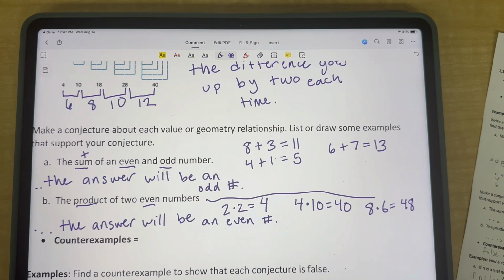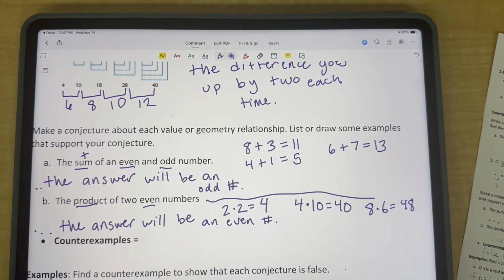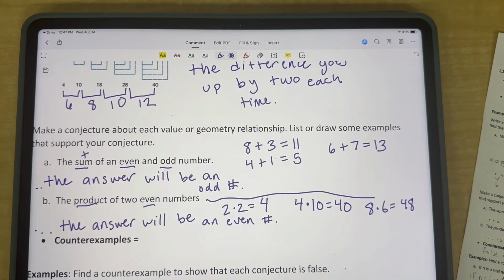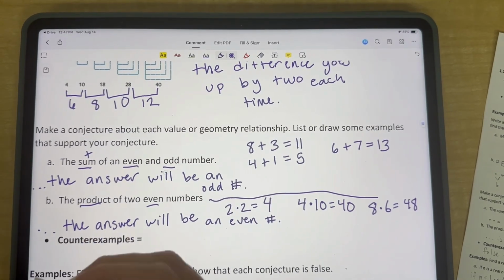All right, counterexamples. What do you think a counterexample is? Okay, a counterexample is a false example. It can be a drawing, a number, or a statement. So examples that are false.